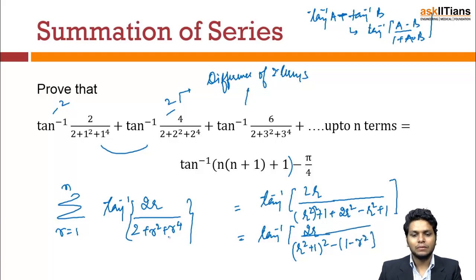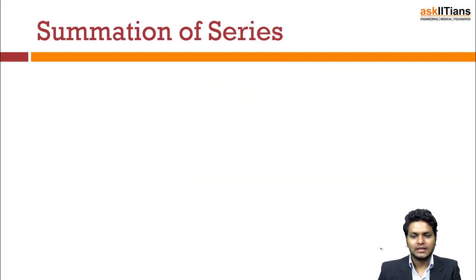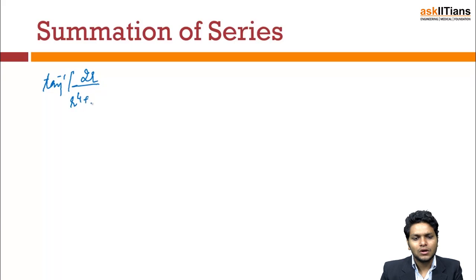So this will become r to the power 4 plus r square plus 2. So this will be r to the power 4 plus 2r square plus 1. This won't help me out. No, this is not happening. So let's try and see what other things I can do. I have tan inverse of 2r over r to the power 4 plus r square plus 2.